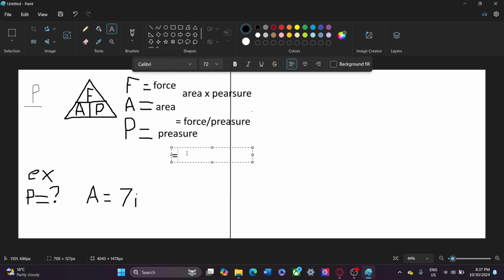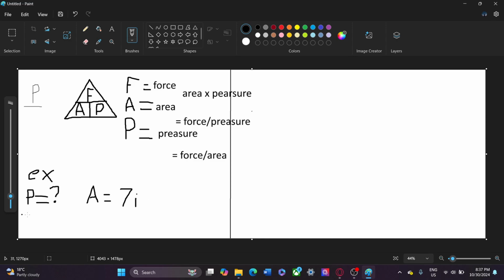And now to get pressure, we need to do force divided by area.